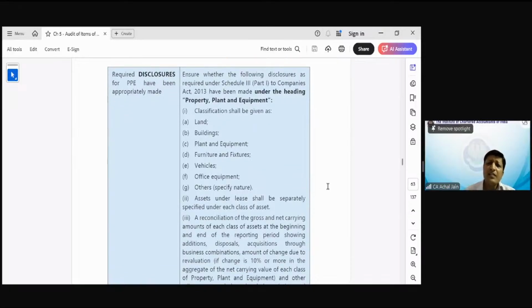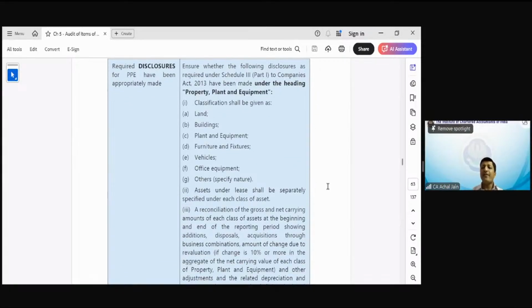Then once again, the same procedure which we have for every line item. And what is that? Disclosure requirement, presentation requirement. So PPE, if you look at the face of the balance sheet, there will be just one line item. Yes or no?